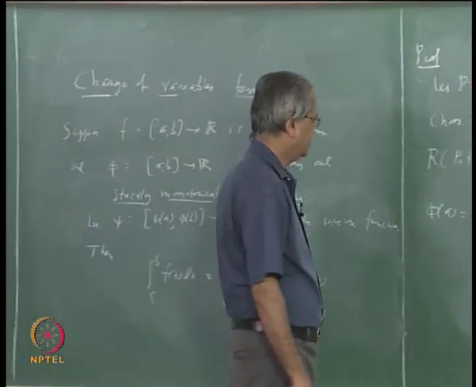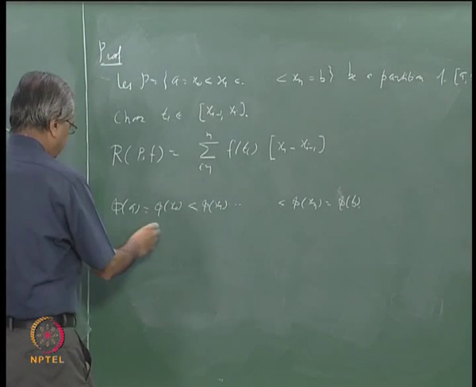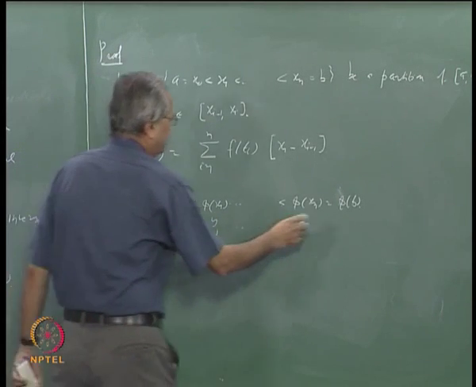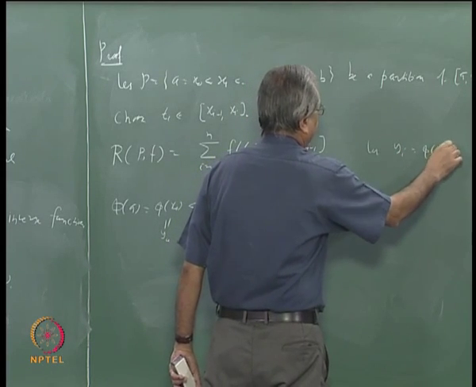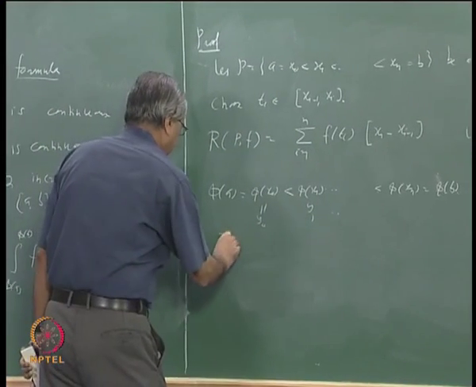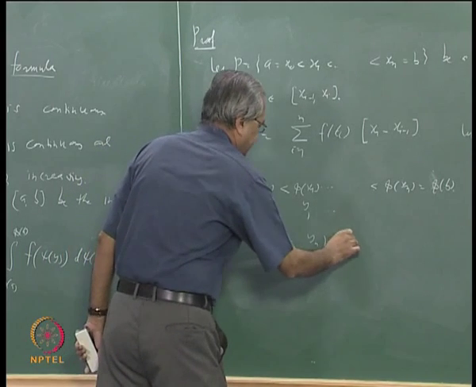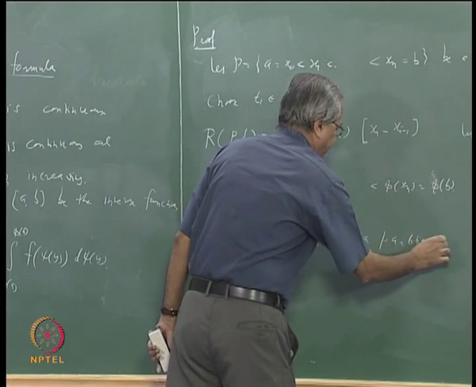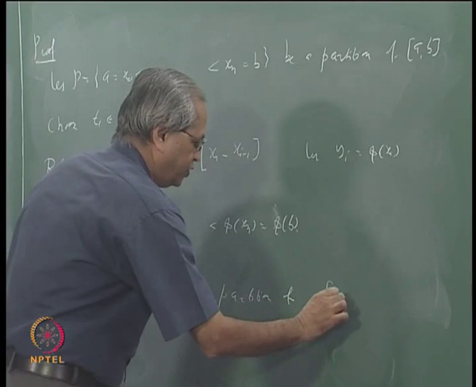If we want to give some notation for this, we can call this y0, this y1, etc. In general, let yi be equal to phi(xi). Then y0, y1, ..., yn is a partition of this interval phi(a) to phi(b).